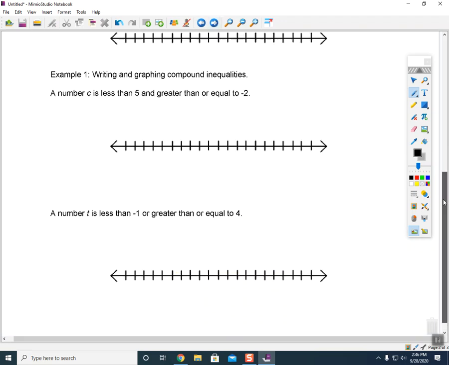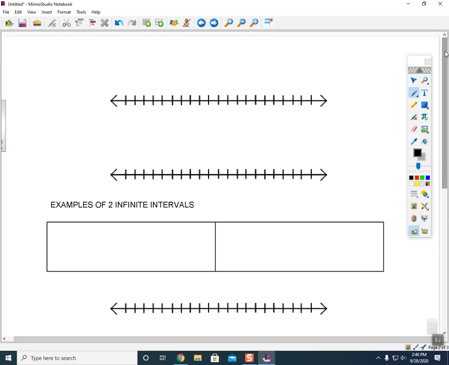All right, a couple more examples here. Let's go the other way around. So let's say I have this at -2 and let's do this here at +6, and I'm going to say that it's shaded in between.